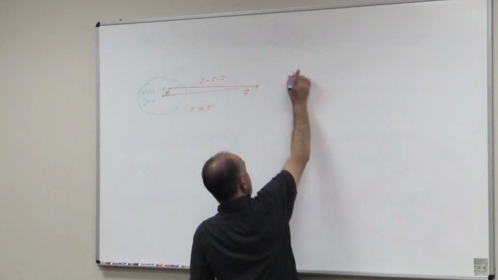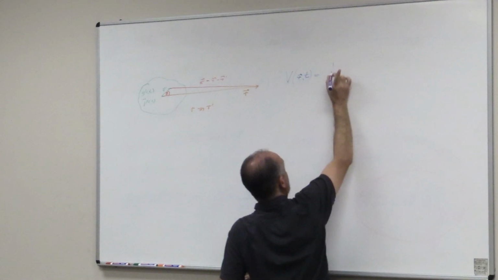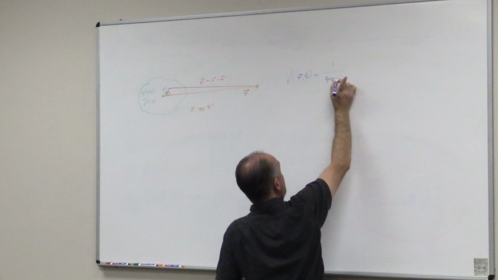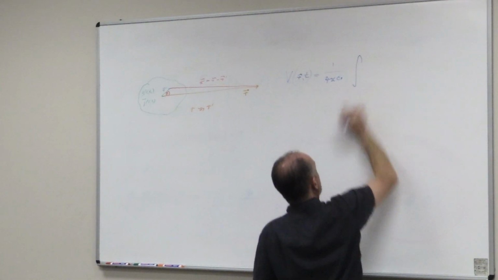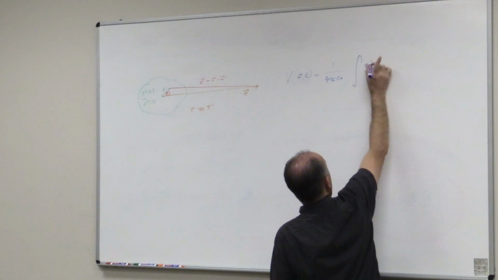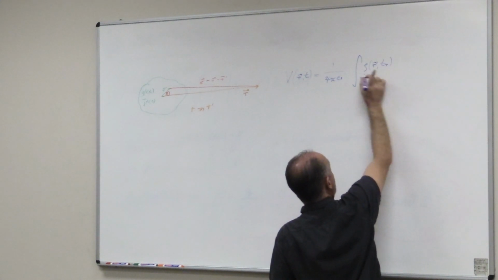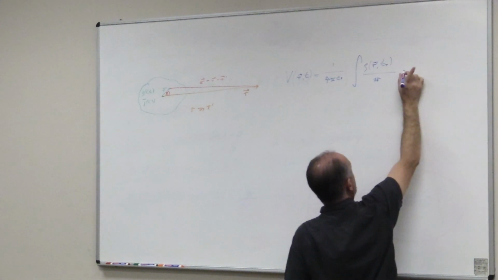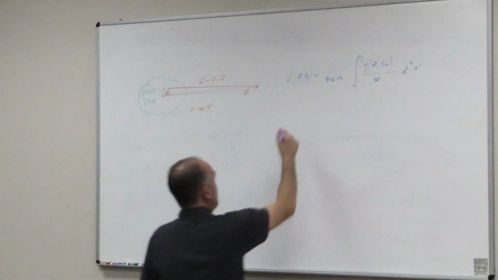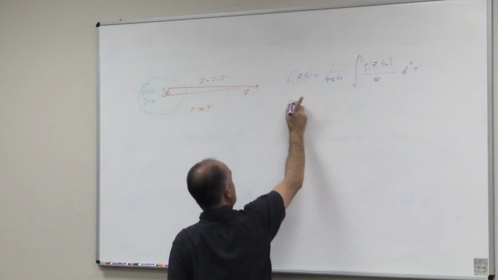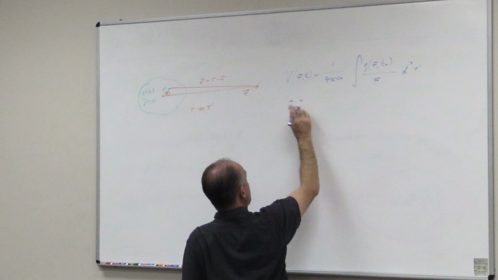Now, the potentials: V of r and t is 1/4 pi epsilon naught integral rho of r prime and retarded time, and the vector potential correspondingly with the current density.